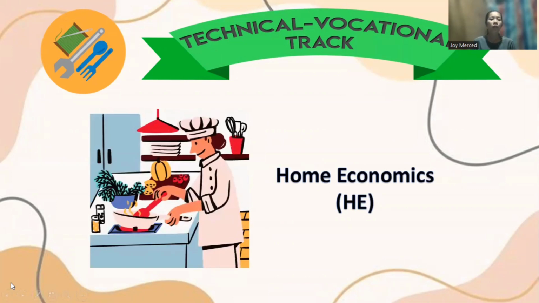Students with home economics specializations will be able to demonstrate the necessary skills, competencies, and values in taking care of oneself and one's family, and also providing efficient services to others and to the community.